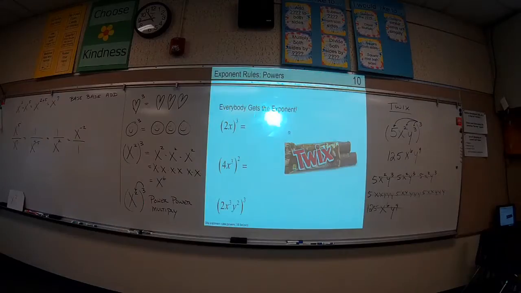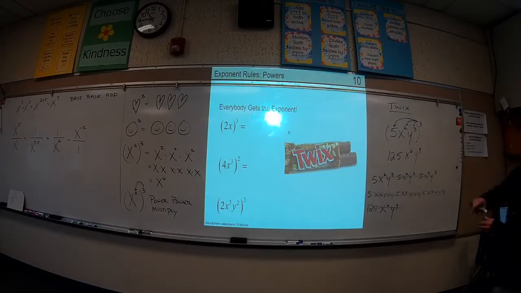You didn't do 2 to the 3rd. And write this out. What's 2x times 2x times 2x? That's what you're doing. What's x times x times x?